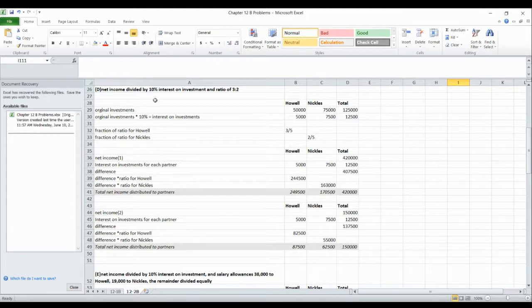To find the 10% interest on their original investments, we will multiply the original investments by 10%. So 10% of 50,000 will give you 5,000. That is the interest on the original investment.